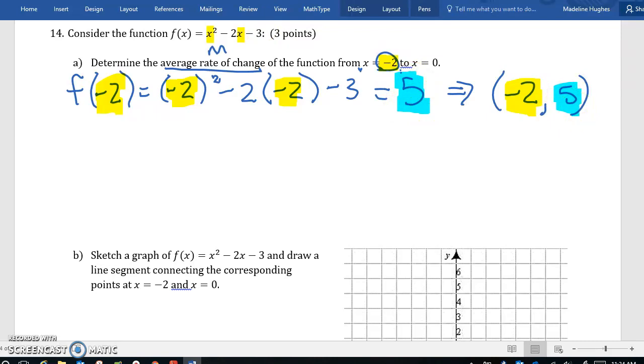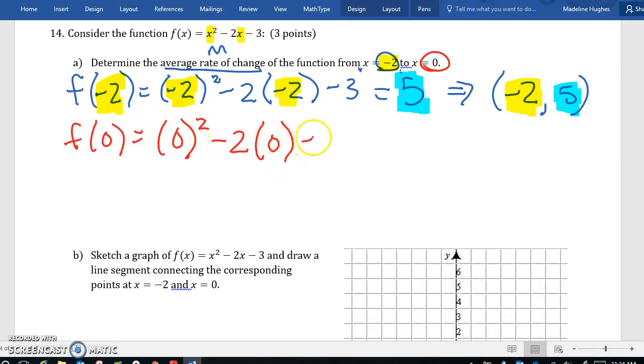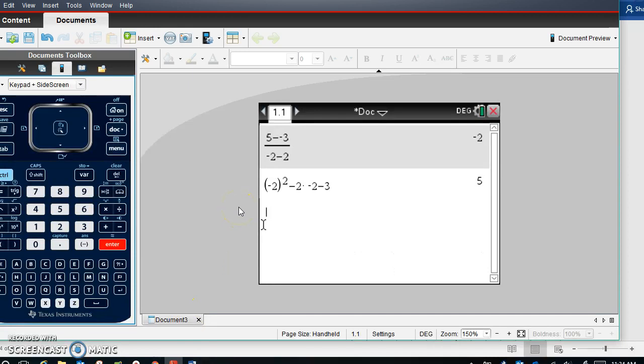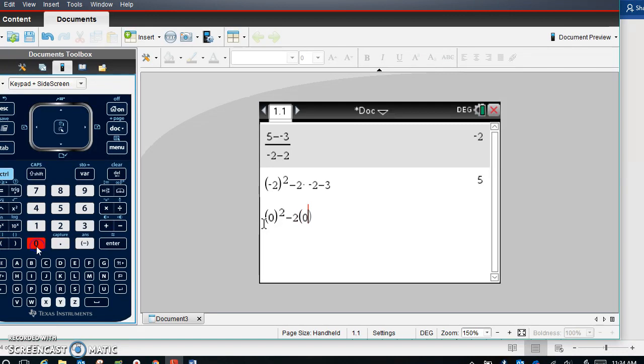I'm going to do the same thing with the 0 value. Okay, so that's 0. So f of 0 is equal to, in parentheses, 0 squared minus 2, in parentheses, 0 minus 3. Okay, I'm going to go back to my calculator and plug this in to see what value I get. So I'm doing parentheses 0, parentheses squared, minus 2, parentheses 0, close parentheses, minus 3.